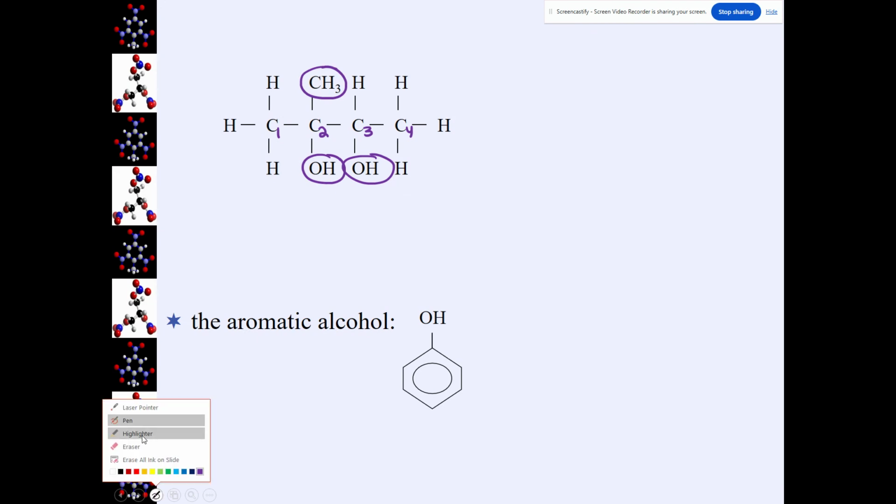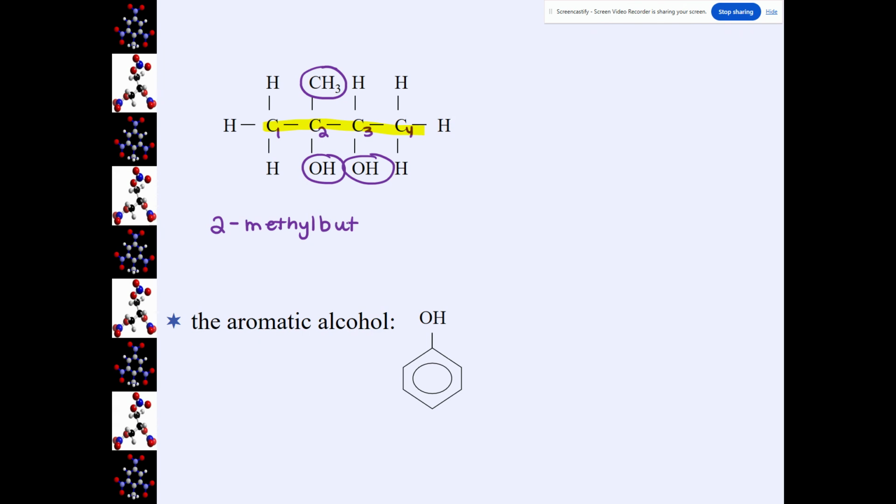So if you can get the OHs to have the same number, then you can look at the branches and give them the lowest number. Okay, so the name for this would be 2-methyl, and the parent is butane. I leave the E, -2,3-diol. So again, we're leaving the E because I start with a D after as my suffix.